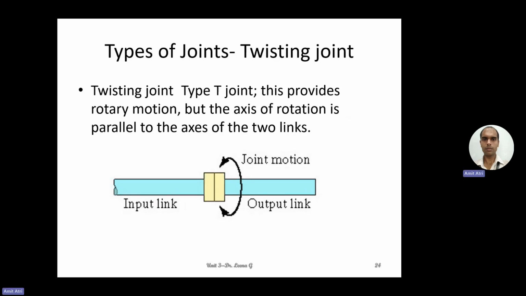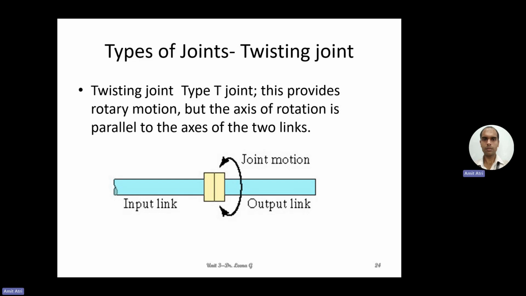Then the twisting joint, twisting like a screw. This is the twisting joint. It provides rotary motion, but the axis of rotation is parallel to the axes of the two links. Meaning the output link can twist clockwise, anti-clockwise. It will not rotate, it will only twist.